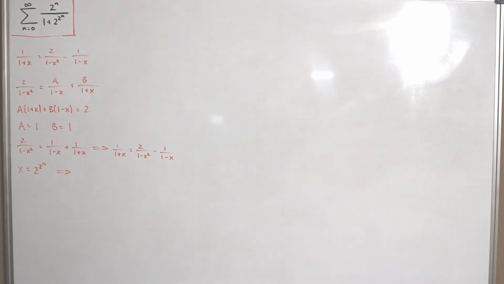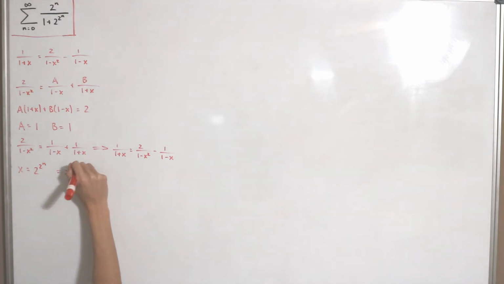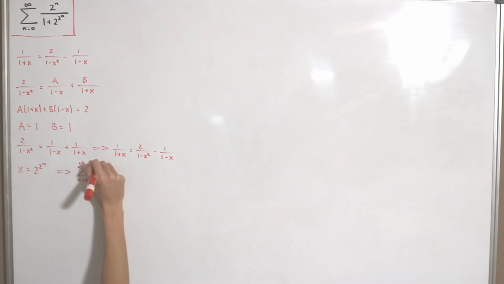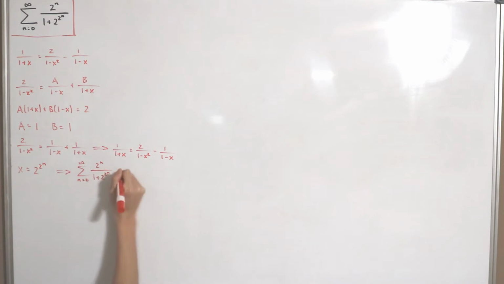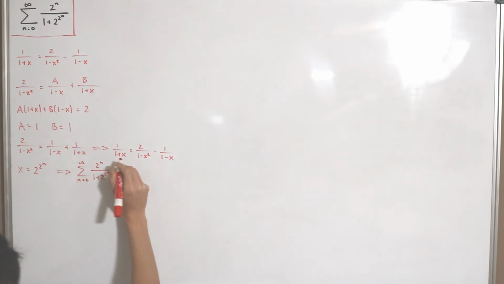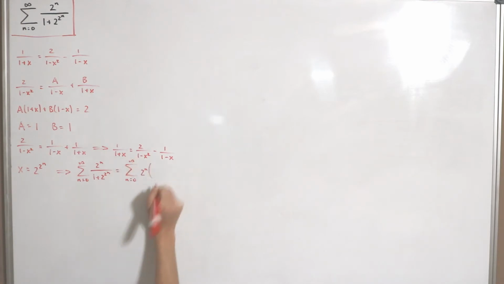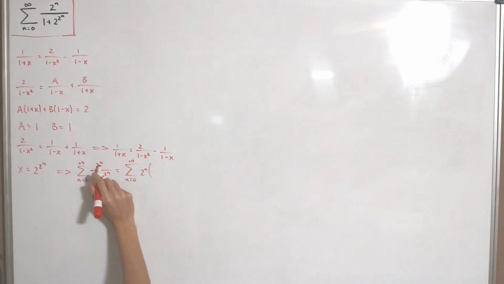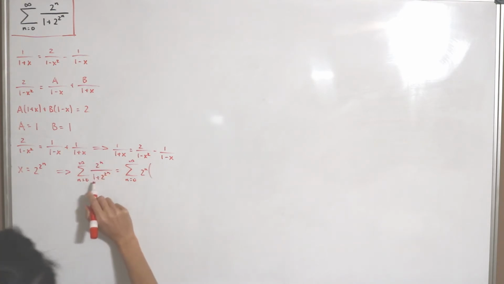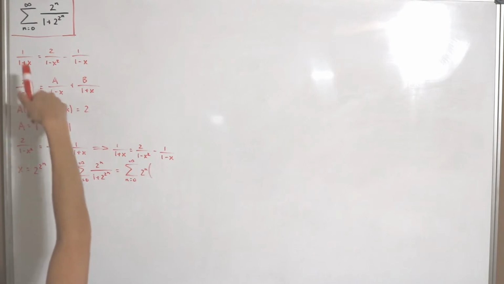With that substitution, our infinite sum from n equals 0 of 2^n divided by 1 plus 2^(2^n) becomes: I factor out the 2^n, and we have 1 divided by 1 plus x.